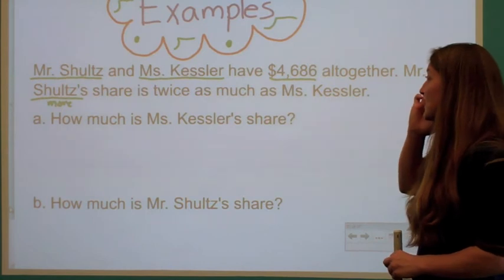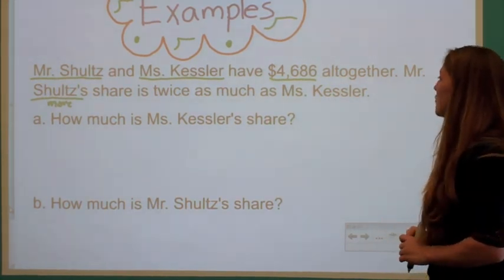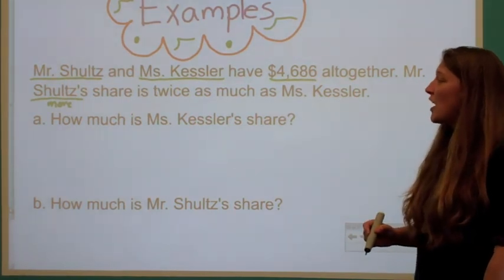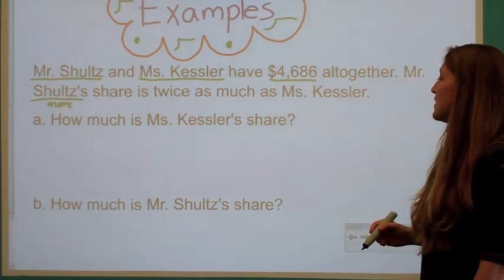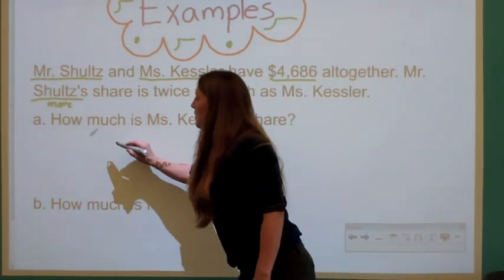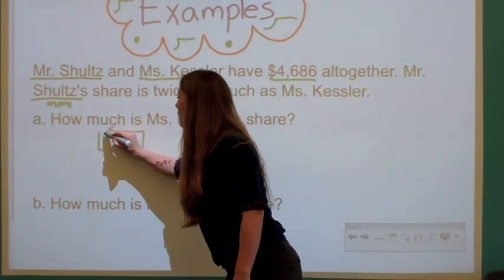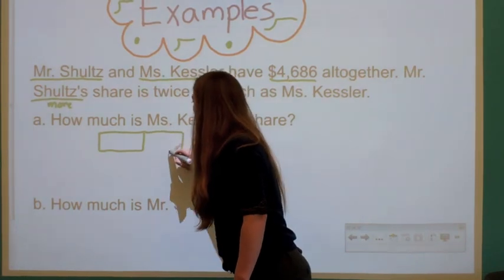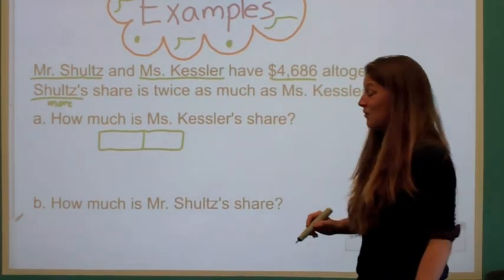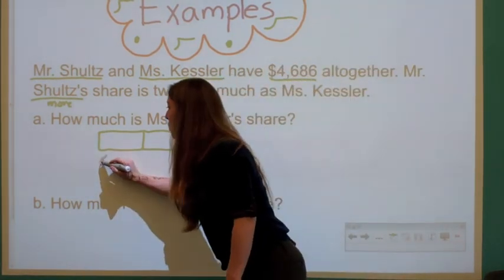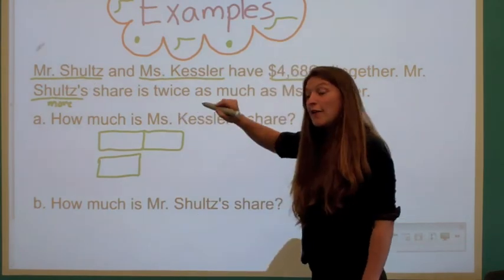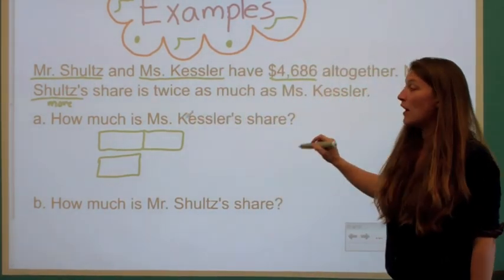Mr. Schultz and Miss Kessler have $4,686 altogether. Mr. Schultz's share is twice as much as Miss Kessler's. So that's going to show me that Mr. Schultz has a share that is 2 of mine. Mine only represents 1 of his. And I got that from just reading the first paragraph.